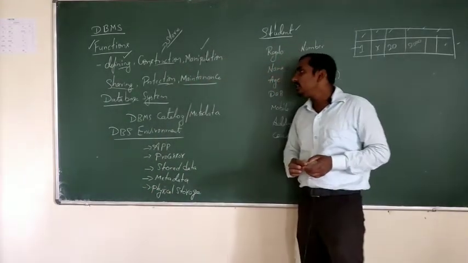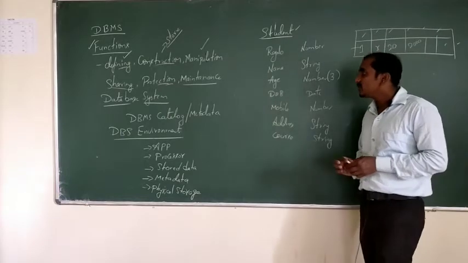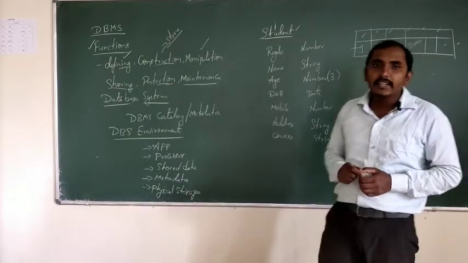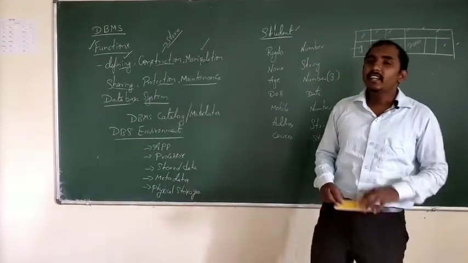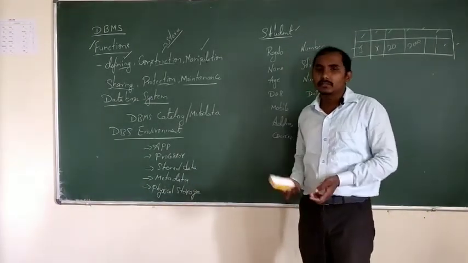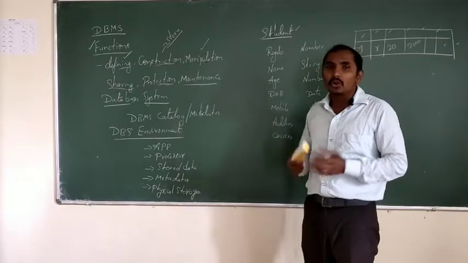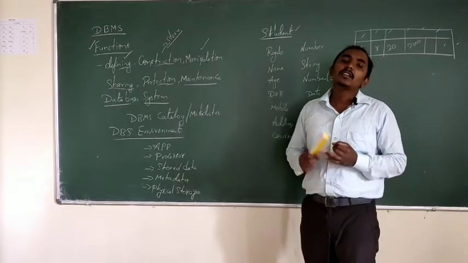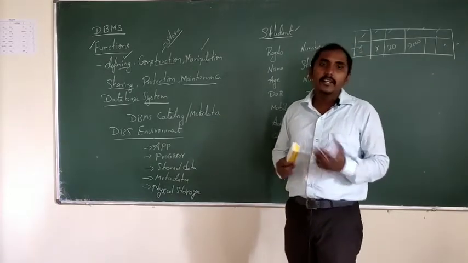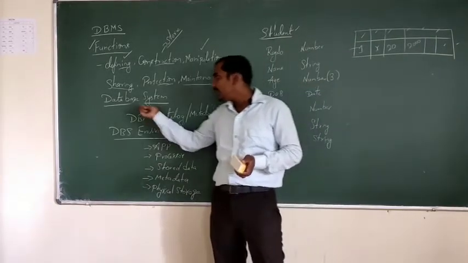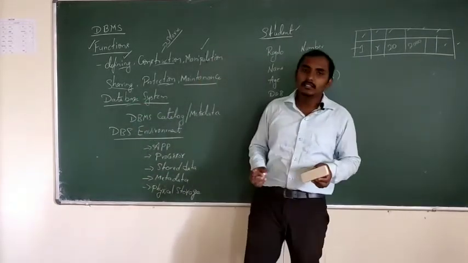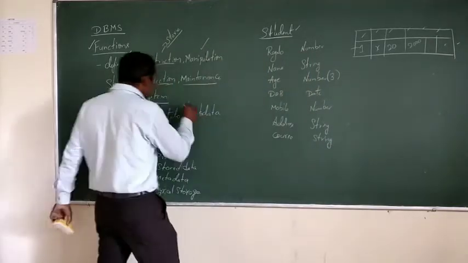Now coming to the next topic, which is the database system. When I say database system, it is a combination of database and DBMS. As I told you, DBMS is software, and a database is a collection of related data. So when we combine them together, that is called a database system.